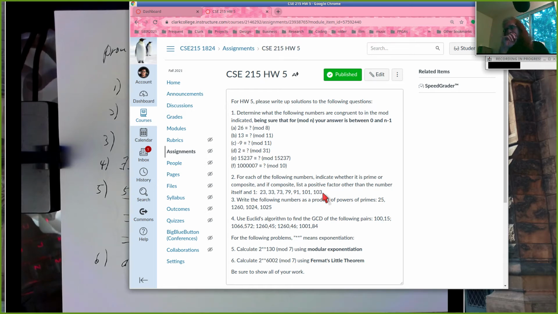So some of these you might look at and immediately see, hey, this is a number that can be written as a product of others. But if you see a number and you can't think of a factor of it, just try to find a factor up to the square root. And you don't have to go beyond the square root. So the square root of 103 is a little above 10. So you really only need to know if it's divisible by 2, 3, 5, or 7. So it's just 4 trial divisions.